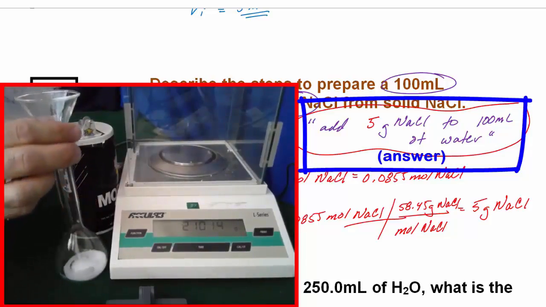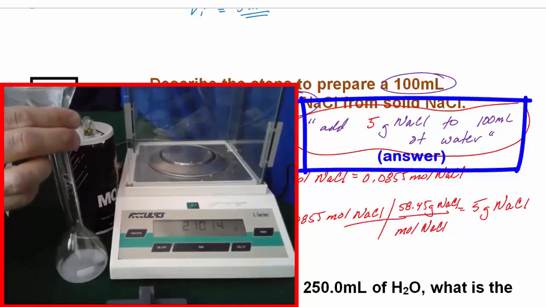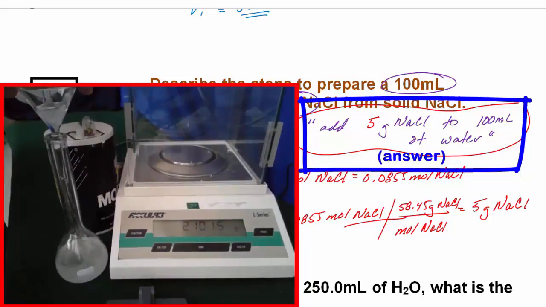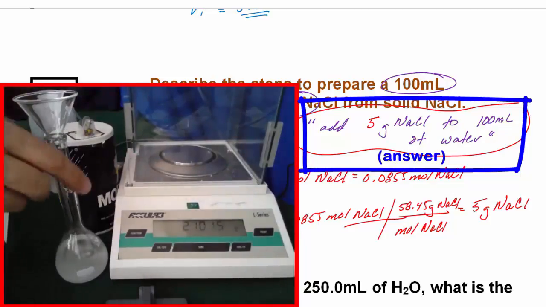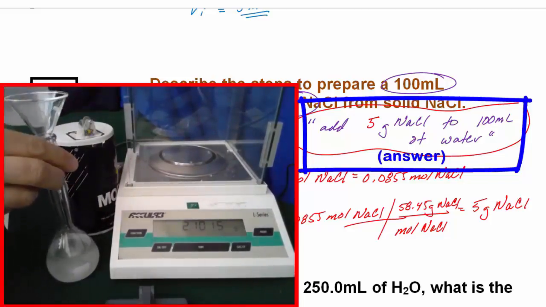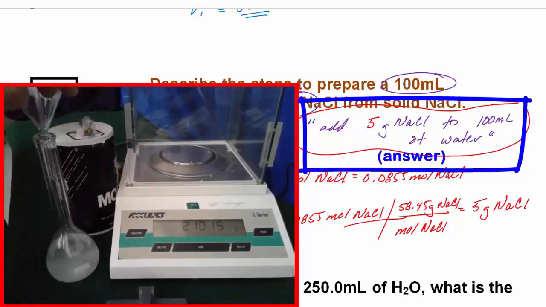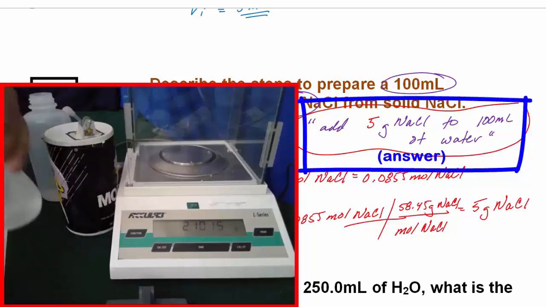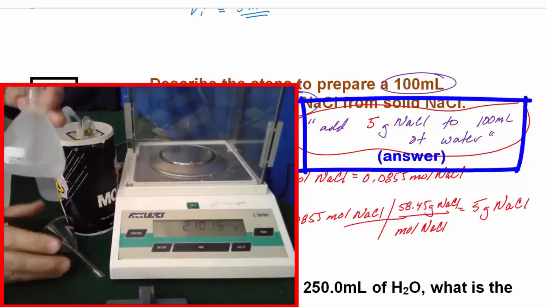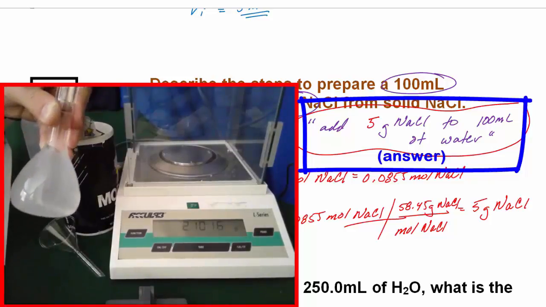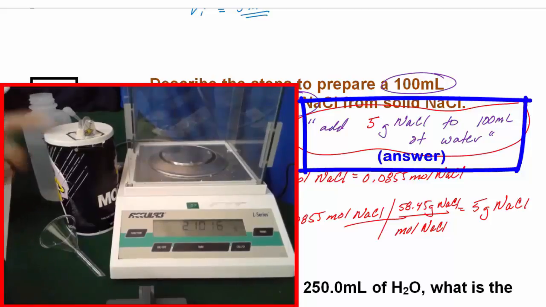Add 100 milliliters of water. Maybe get it to dissolve first. Okay. And then fill it up to the mark. There we go. We have 100 milliliters of 0.855 molar sodium chloride prepared from salt and water.